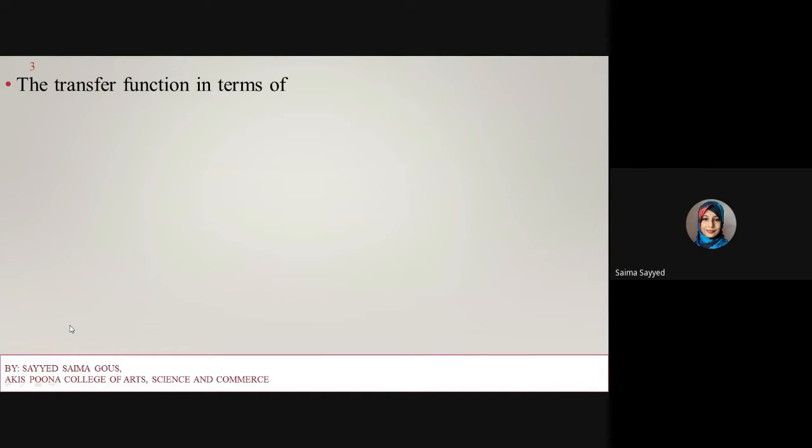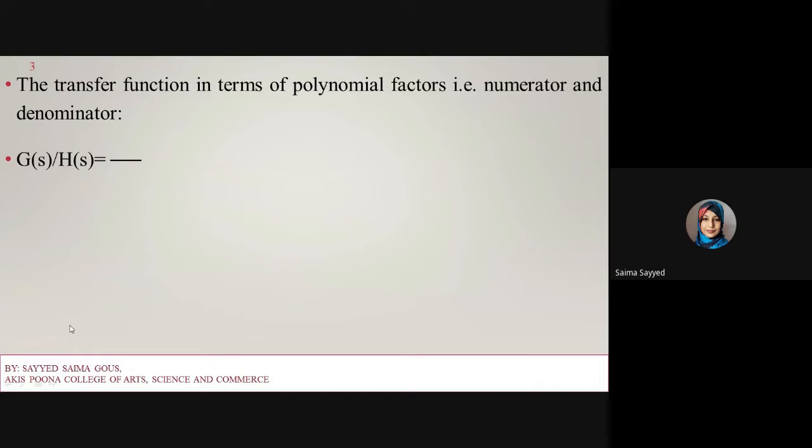The transfer function in terms of polynomial factors, that is numerator and denominator, is represented by g of s or h of s.